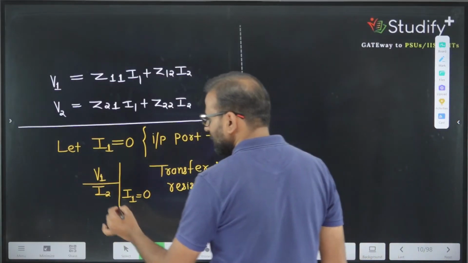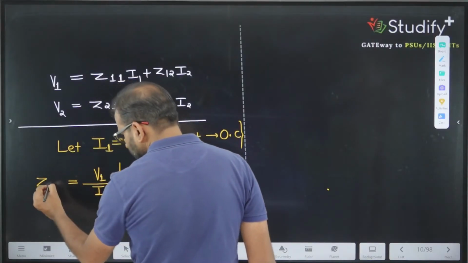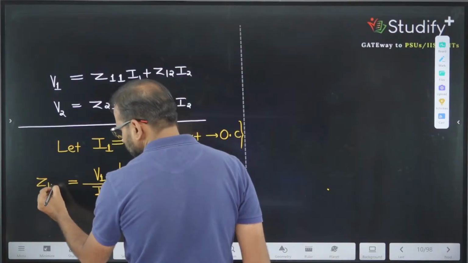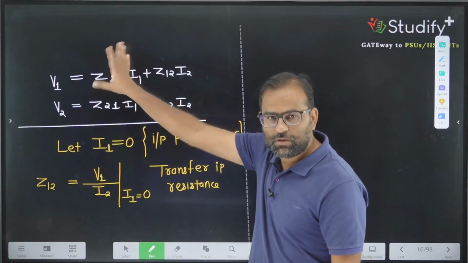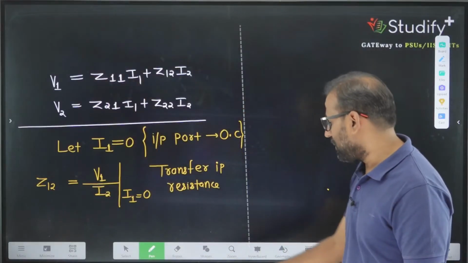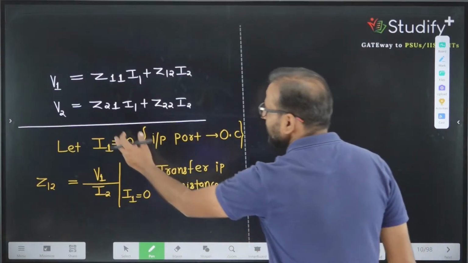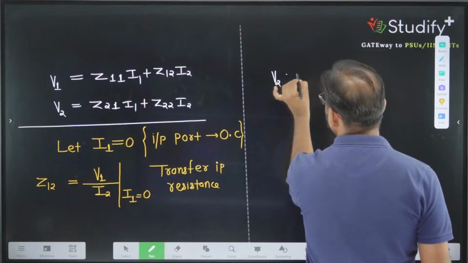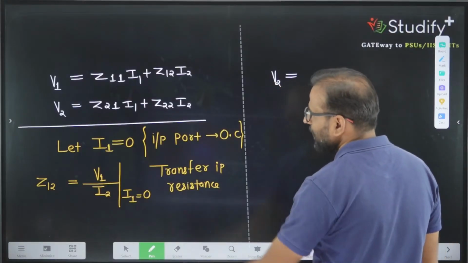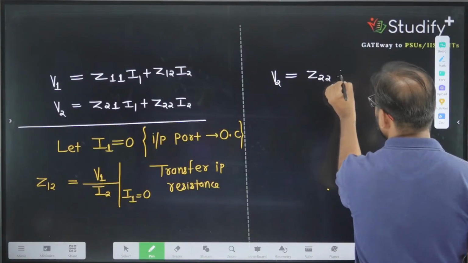What else do we have? And this parameter is what? This parameter is known as Z. The first variable comes here and the second variable goes there, so this is Z12. What next? By making I1 equal to 0, we can analyze port 2. Port 2: V2 is equivalent to Z22 into I2, with I1 equal to 0.